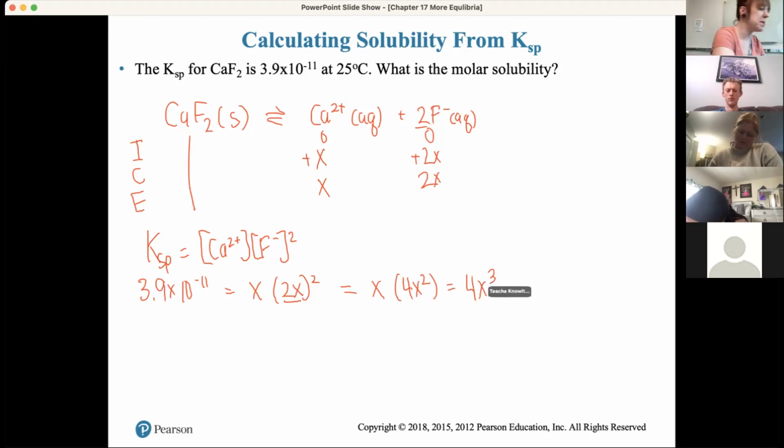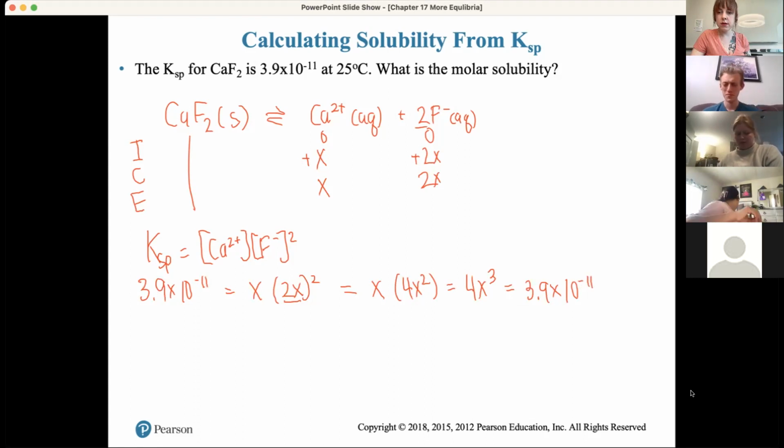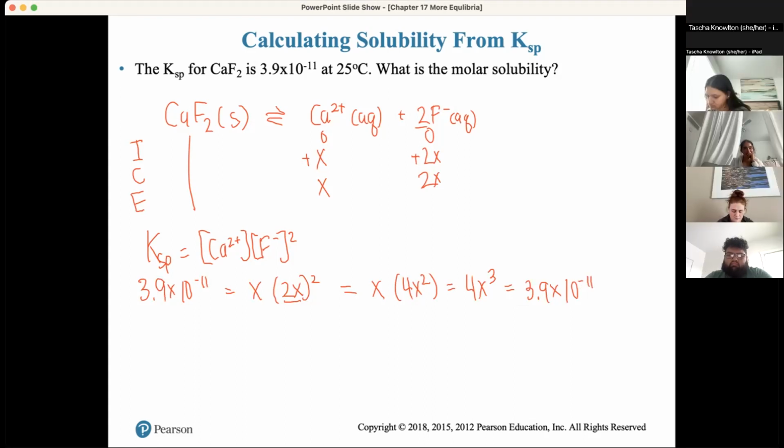And that equals our KSP, 3.9 times 10 to the negative 11. So how do I get it by itself? Divide by 4. Yes, first. Thanks, Emery. Divide by 4 and cube root, good.